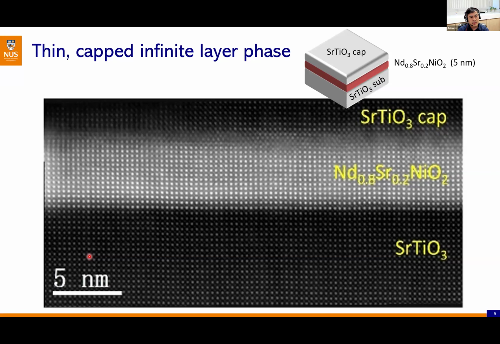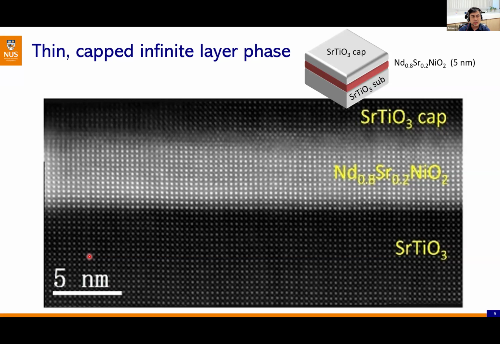The second one, the capping layer has to be used to be able to maintain as pure a phase as possible in your films. So at least this is what we have concluded so far.